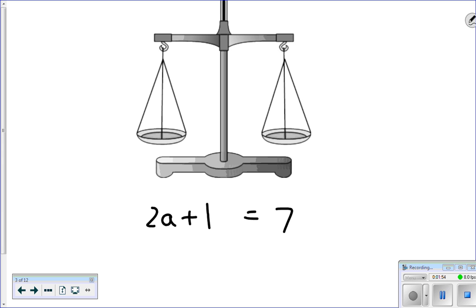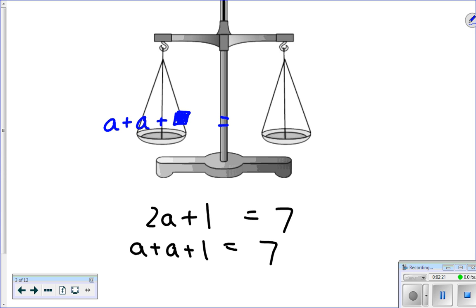And really, 2a looks like this. Does that make sense to you guys? That's what 2a's really look like? Alright, so I'm going to draw it out again on my balance. I used to have a blue marker around here. Here it is. So my 2a: here's an a, and here's an a, and here's my equals.